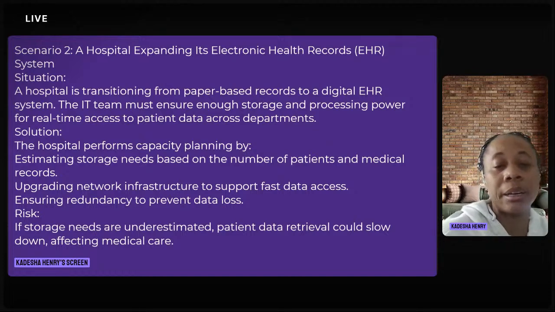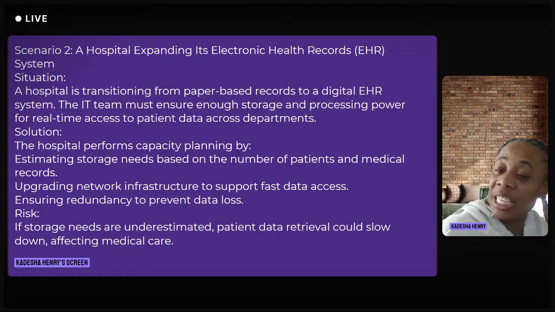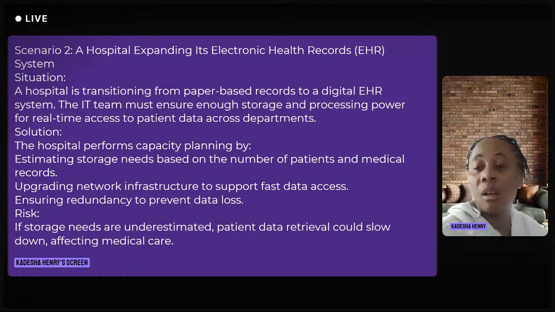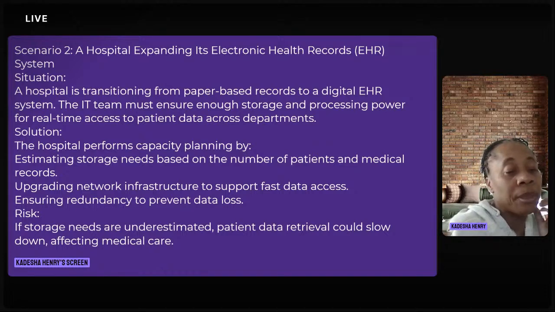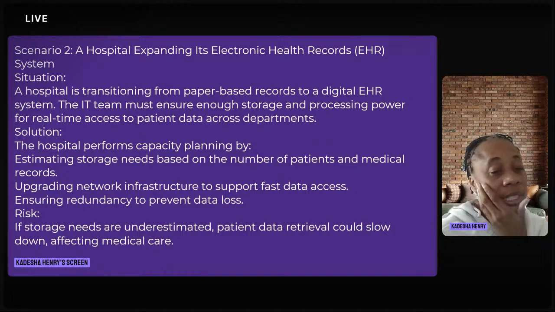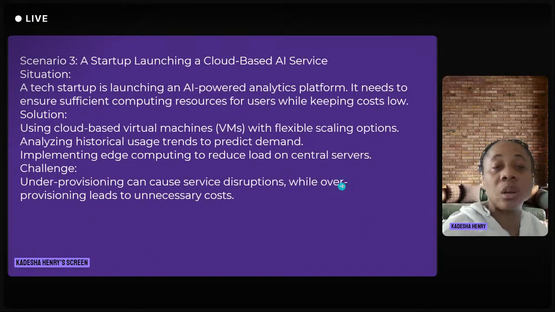Ensuring redundancy to prevent data loss. And some of the risks that may be involved is that some storage needs are underestimated, and patient data retrieval could slow down, affecting medical care. So these are some of the things we have to make sure of, that the network is upgraded.